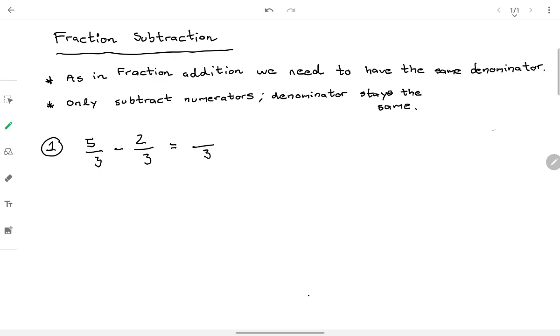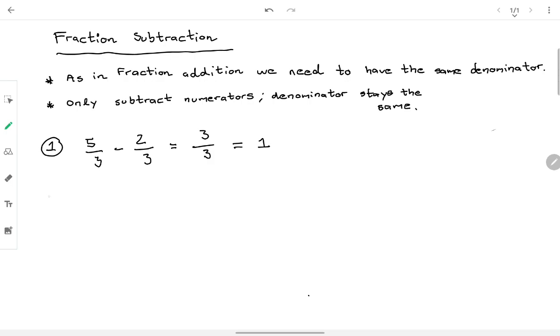Remember, if we are adding thirds, our answer will be thirds. So here also, if we are subtracting thirds, our answer will be thirds. In this case, we will subtract the numerators, 5 minus 2, we will get 3/3. 3/3 is only 1 whole. So this is the first case.